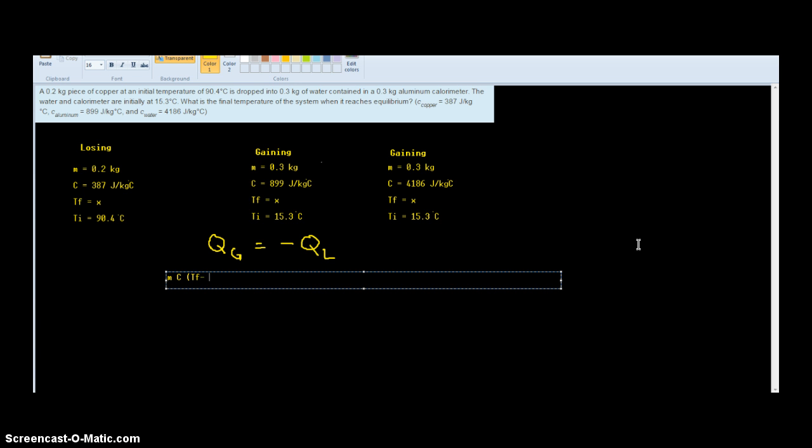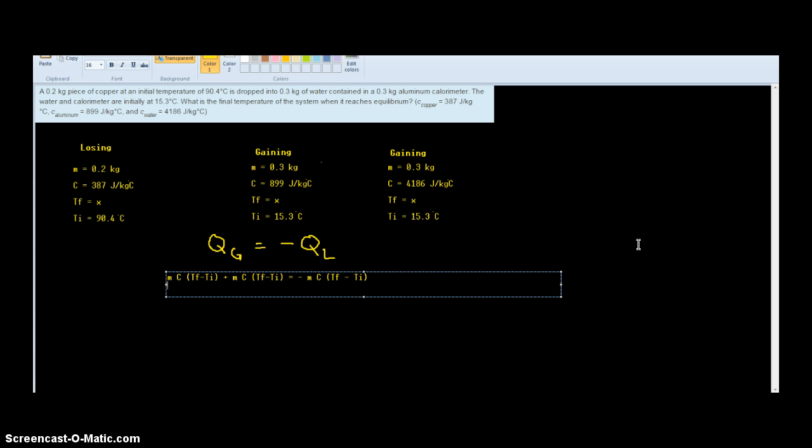So T_F minus T_I, plus mass times specific heat. Both sides of the equation look the same in the sense that each quantity has the same physical characteristics we're concerned with: mass, specific heat, and temperature change.